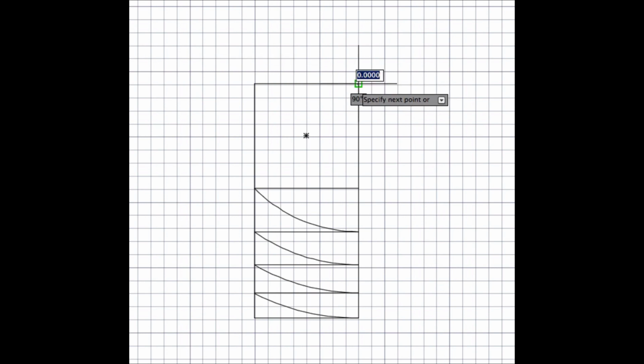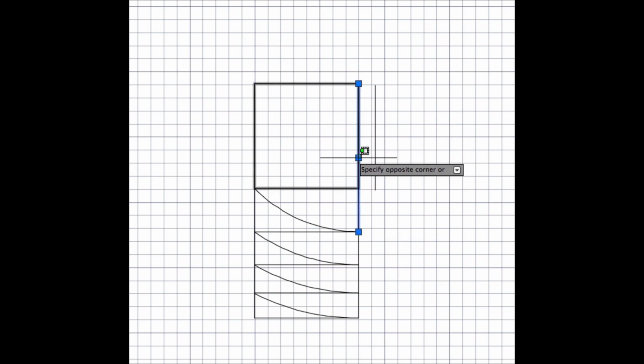So we can understand this by taking these lines, and we can use these to scale.